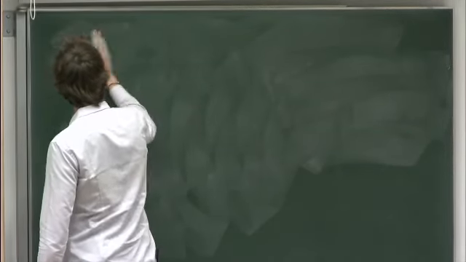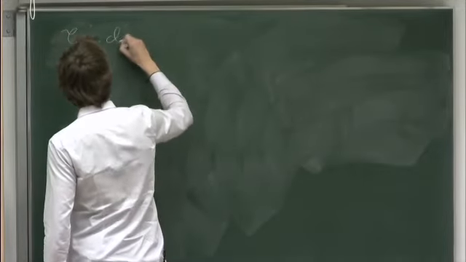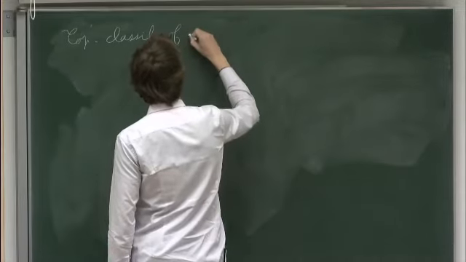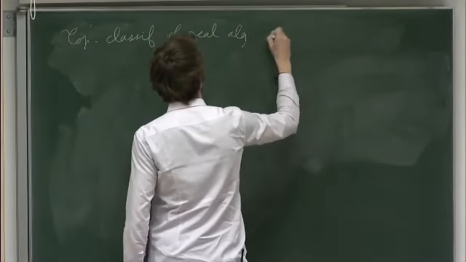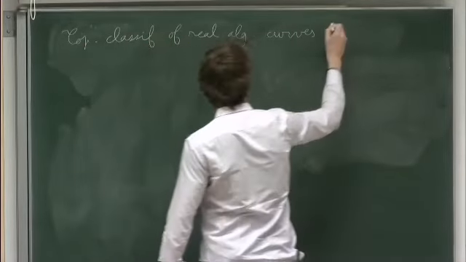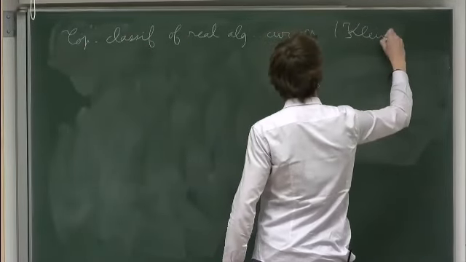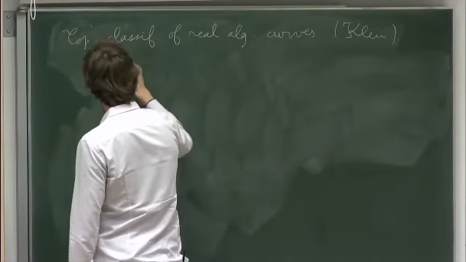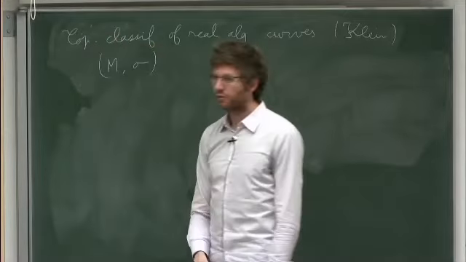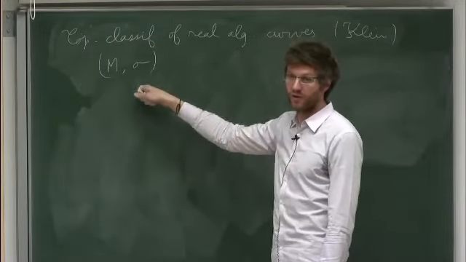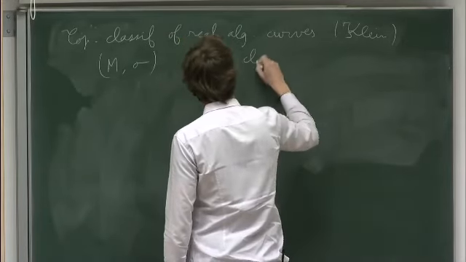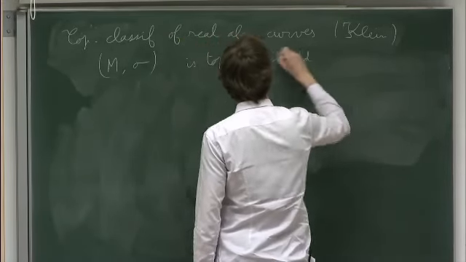topological classification of real algebraic curves, which is due to Klein. I'll think of a real algebraic curve as a Riemann surface with an anti-holomorphic involution. And this is topologically classified by three integers.